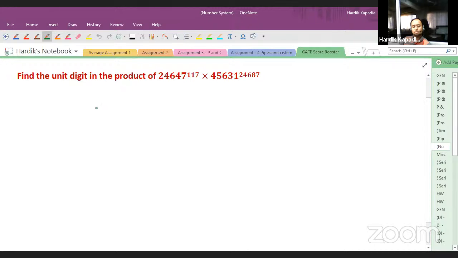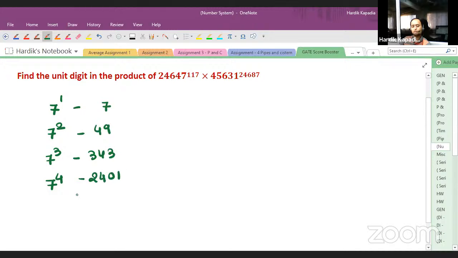So for the unit digit, you need to find the cyclicity. The cycle of 7: 7 raised to 1, 7 raised to 2, 7 raised to 3, 7 raised to 4, and so on. So this is 7, this is 49, 343, and 2401.